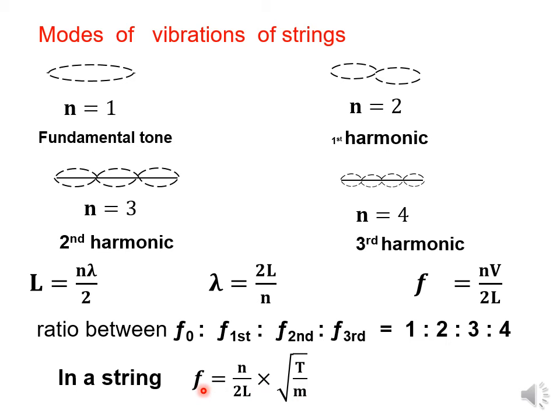So the frequency of a standing wave in a string equals n divided by 2L, the length of the string, multiplied by root T over m.